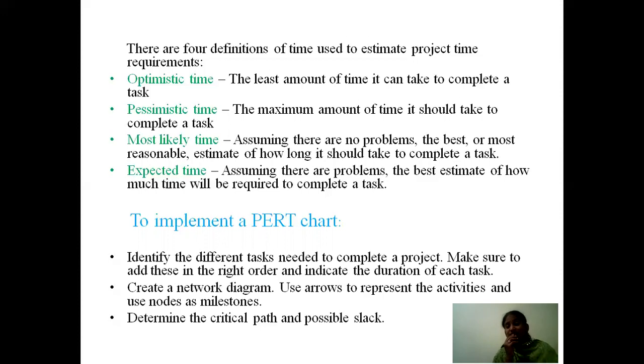For example, an activity in a project requires 1 hour, but whenever you assume all the negative things regarding the completion of that activity, like failure of a machine, interruption of power supply, sudden lack of labor, like those sudden problems, then whatever time you estimate will take some more time to complete the task.